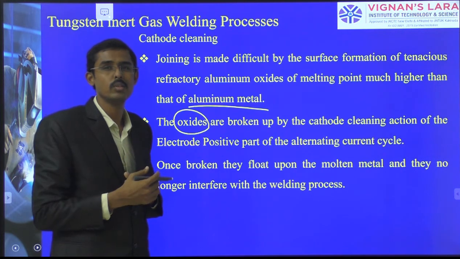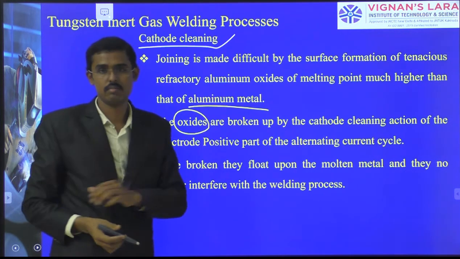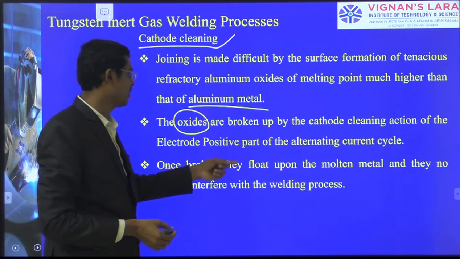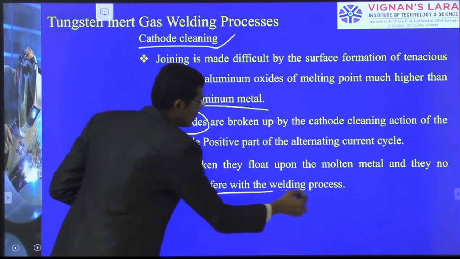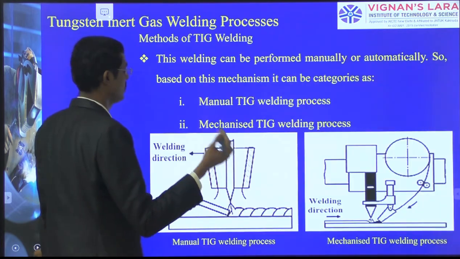That we have to break, and that is given by the cathode cleaning process. Once broken, they float upon the molten metal and no longer interfere with the welding process.